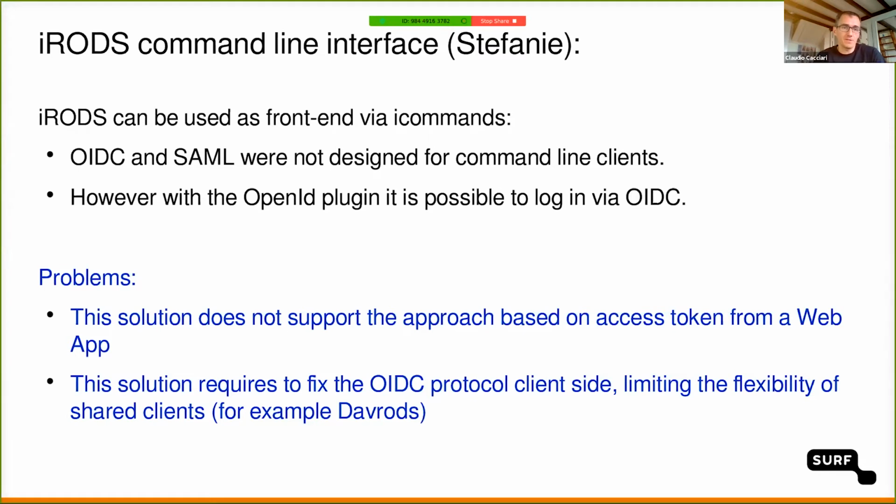Again, with some limitations: this plugin allows you to authenticate at the command line, but if you have iRODS as a backend and a web app passing just a token, this is not supported at the moment. Another point is that you need to fix the authentication protocol on the client side. So you need to tell the client, I want to use OIDC to authenticate. Which is fine in most cases, but not all.